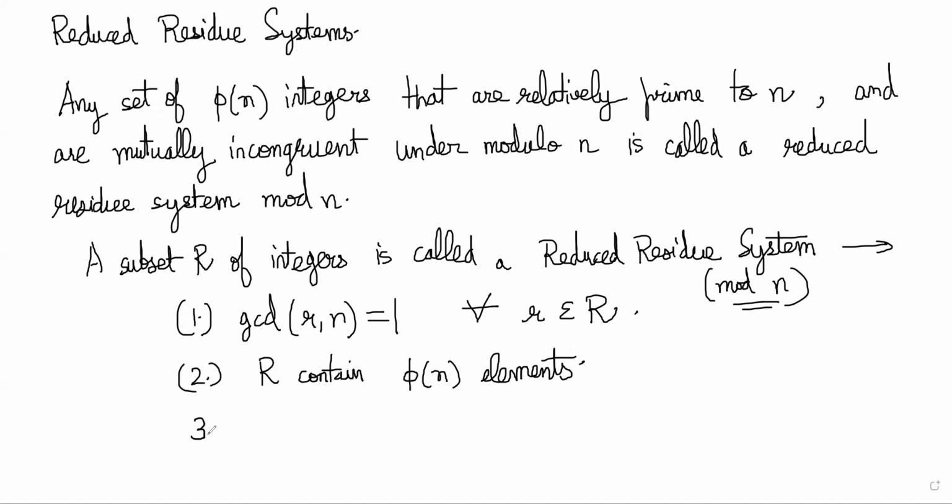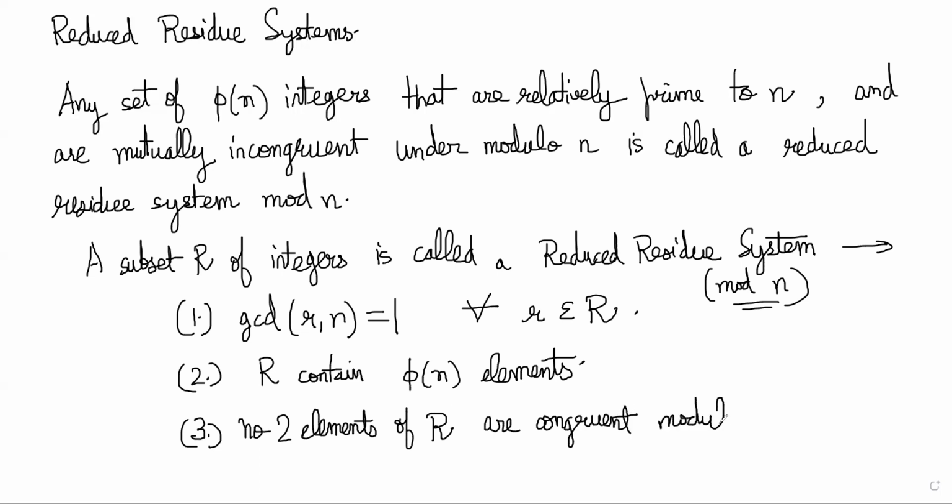And finally, no two elements of R are congruent to each other modulo n. So elements of the subset R cannot be congruent to each other. The total number of elements in that subset must be equal to phi of n, and every element of that subset must be co-prime with n. If these three criteria are satisfied, then that subset is known as a reduced residue system.